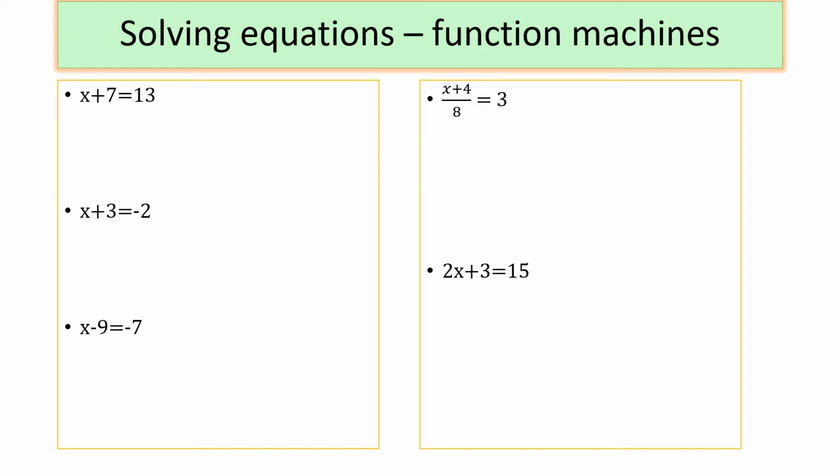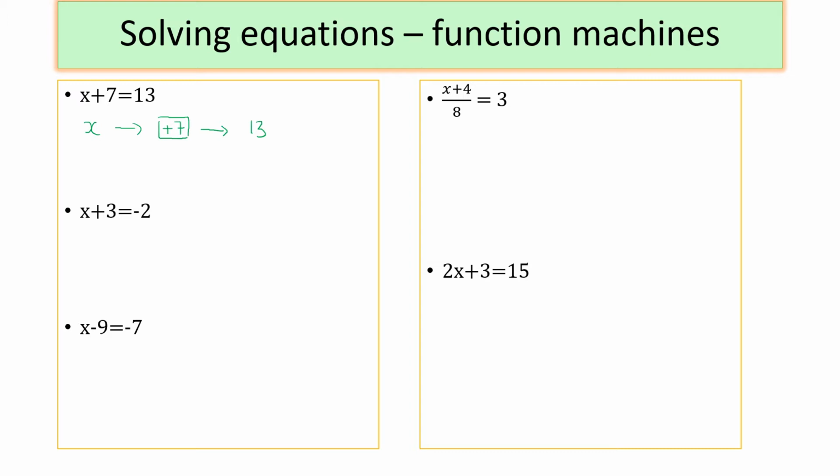We're going to look at how to use function machines when you want to solve equations. Remember that in function machines we use inverse operations. In my first example, I start off with x and I add 7. My answer is 13.